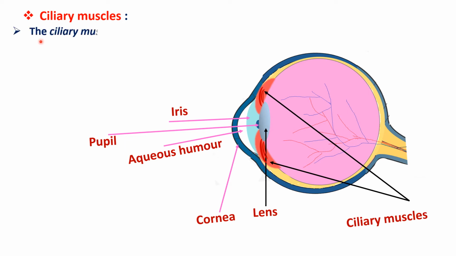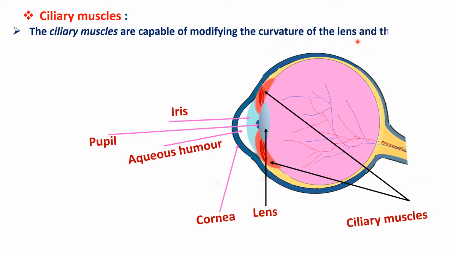See here, the ciliary muscles are capable of modifying the curvature of the lens and thereby affecting the focal length of the lens.